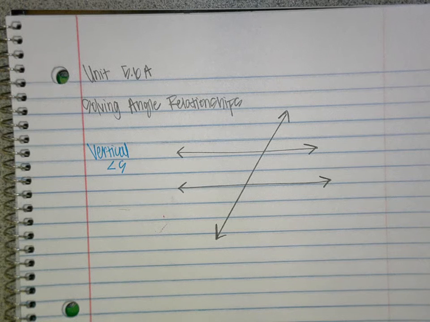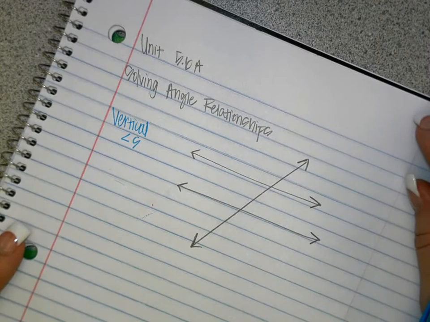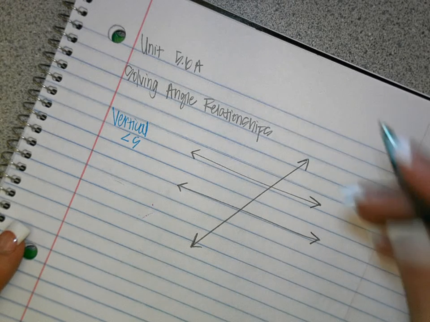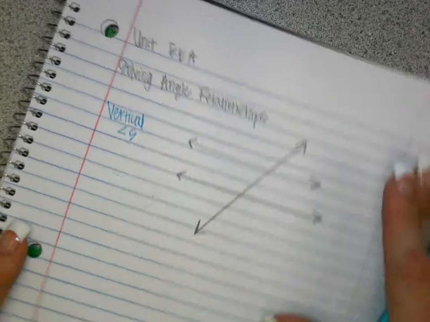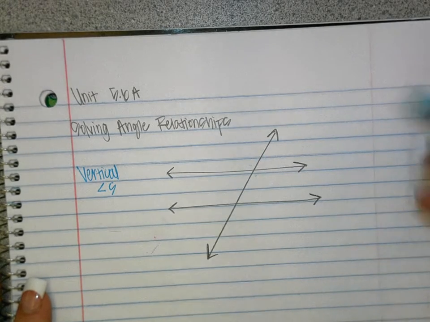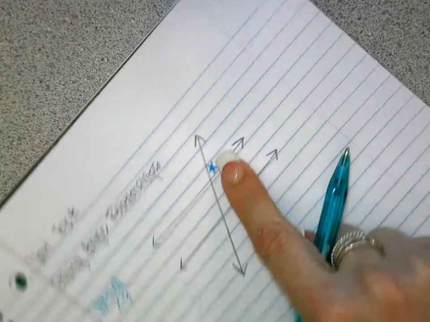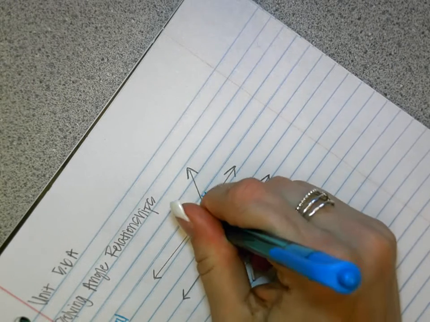Vertical angles are basically, if you turn your paper a little bit, when it looks like the two angles are on the opposite sides of an X from each other. So it could be like these two are vertical angles. This one is a vertical angle with this one.